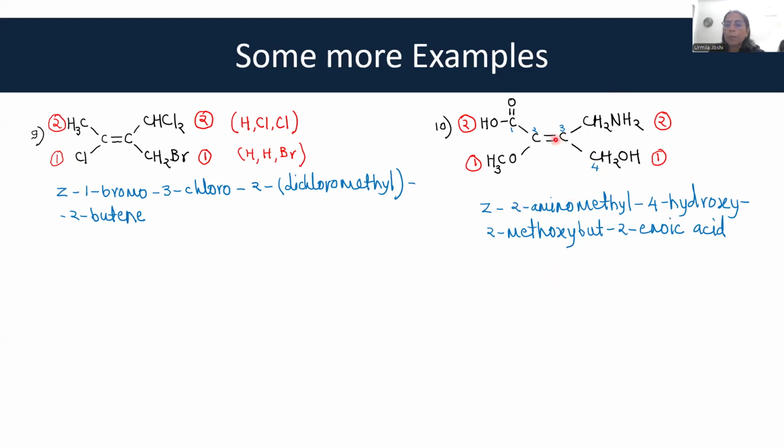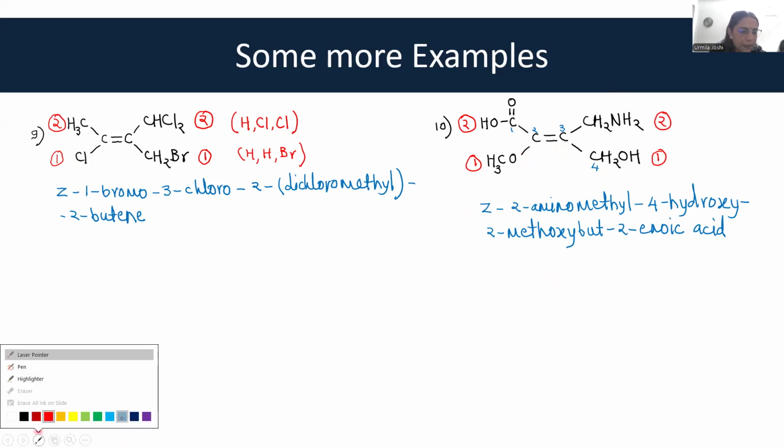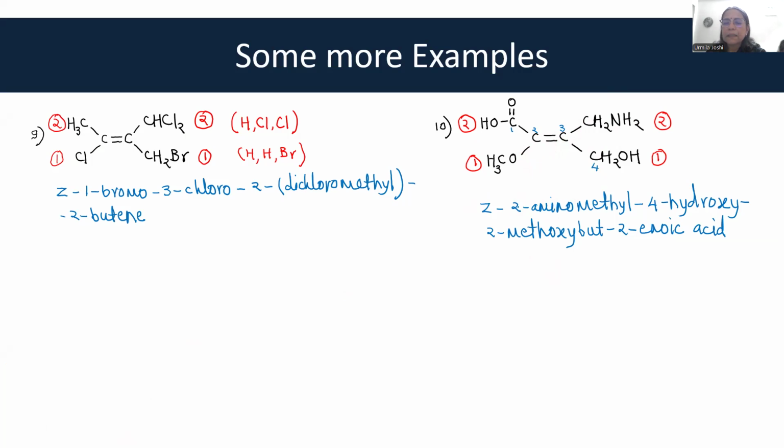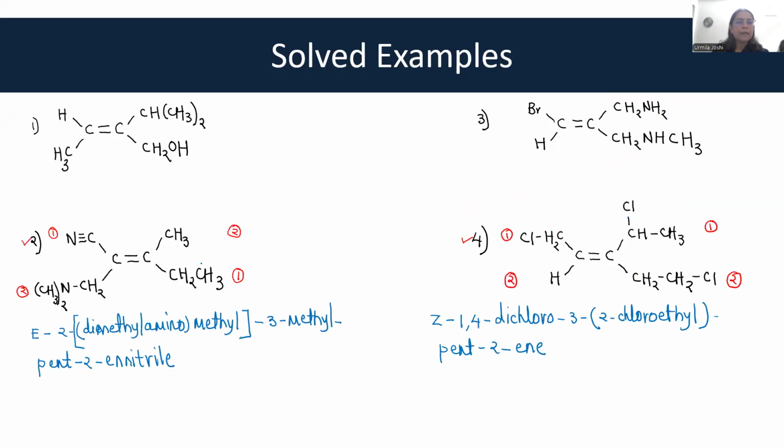Okay, 2-amino. Sorry, this is something wrong. I will just change it. It is 3-aminomethyl, 4-hydroxy, 2-methoxy, but-2-enoic acid. Okay.